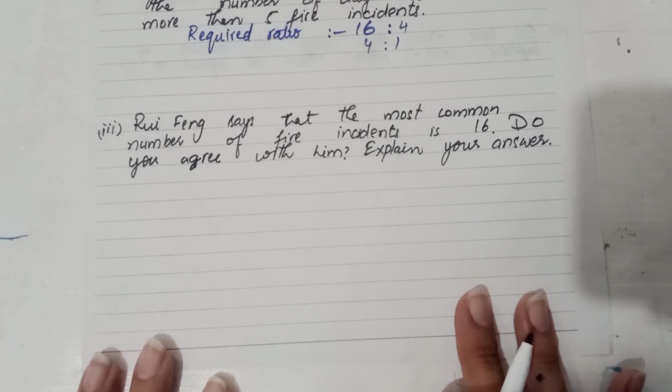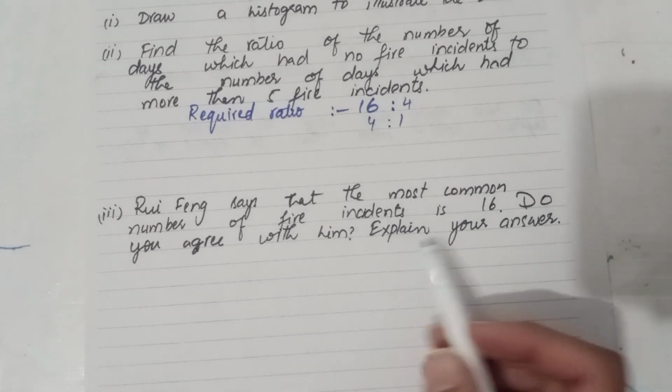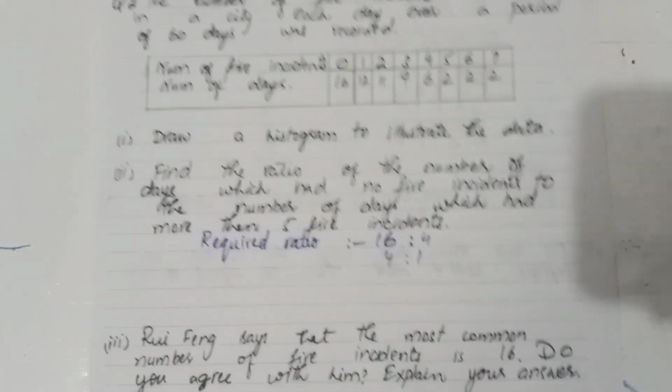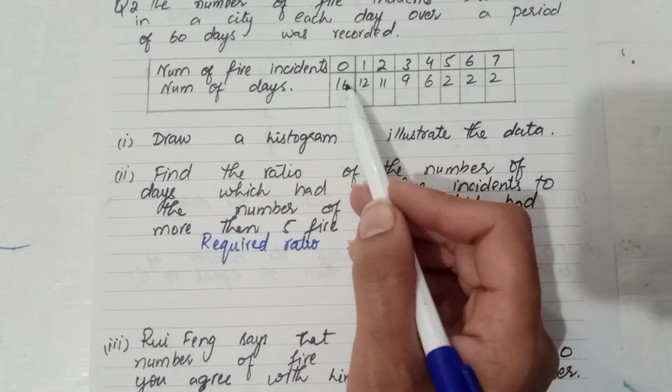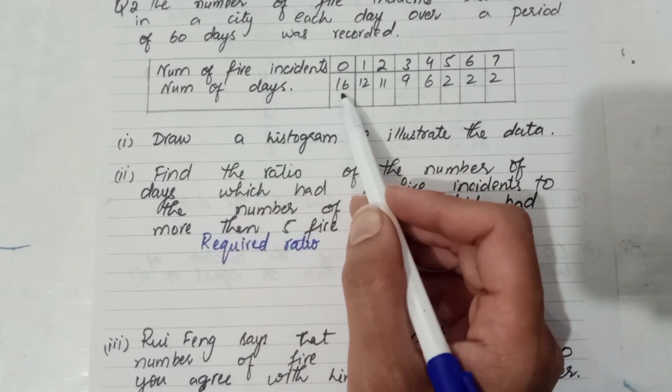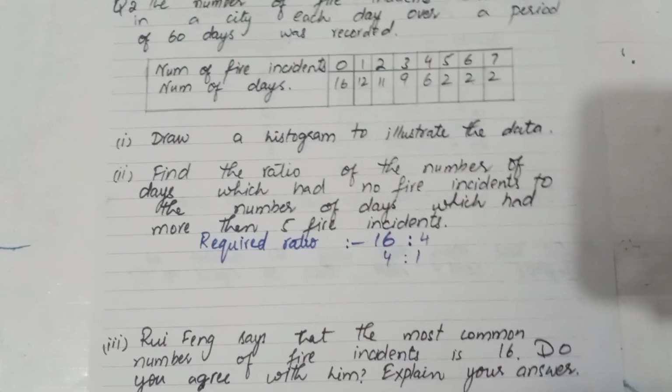Riofeng says that the most common number of fire incidents is 16. Do you agree with him? Explain your answer. No, that is wrong. We can observe from the data that 16 is the number of days, not the number of fire incidents.